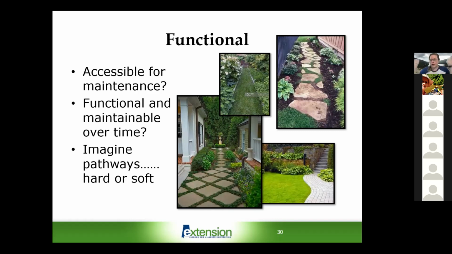And we're not covering up our air conditioning unit with pampas grass that'll cut us up, or whoever comes out to service it is going to get cut up when they try to get to it. So we need to think about how we can get through the landscape. Pathways, whether they're grass, soft pathways or hard pathways with flagstone, bricks, pavers. Thinking of how you're going to get through that landscape and get to where you need to go.